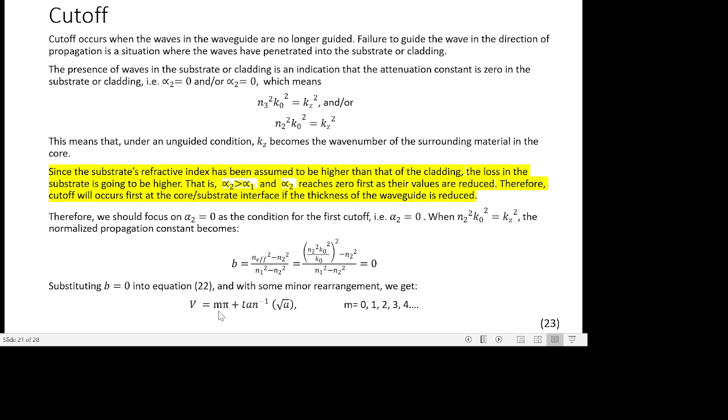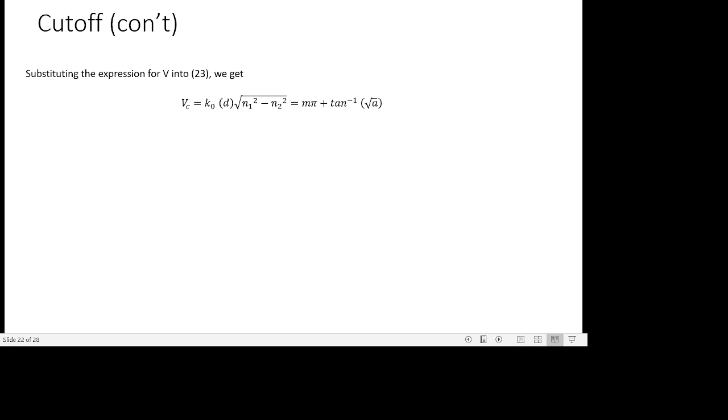V here is Vc, the cutoff V number. So remember, Vc is going to be equal to this one. And remember, a is different for TE modes and TM modes. So in other words, the Vc for cutoff for TE modes and TM modes are going to be different.